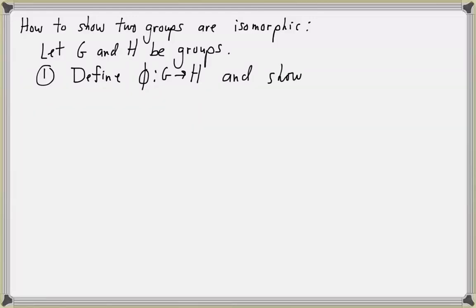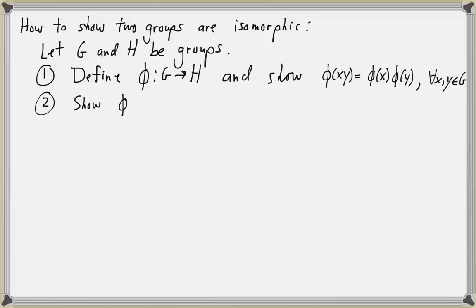and show that it is, first of all, a homomorphism. So we need to show that phi of xy equals phi of x times phi of y for all x and y in G. So we have a homomorphism, and then to show that it's an isomorphism, we need to show that phi is 1-to-1.